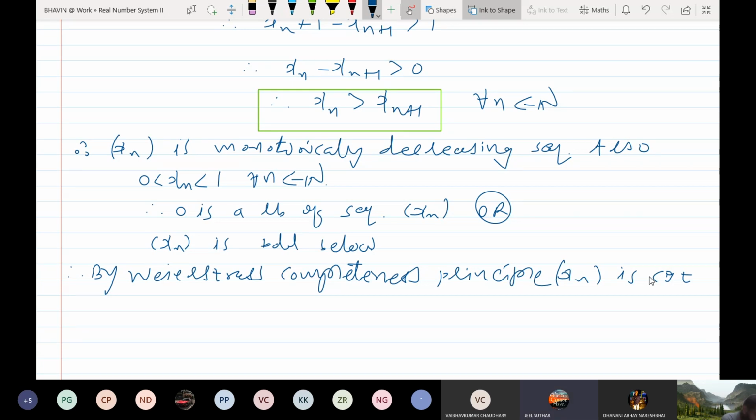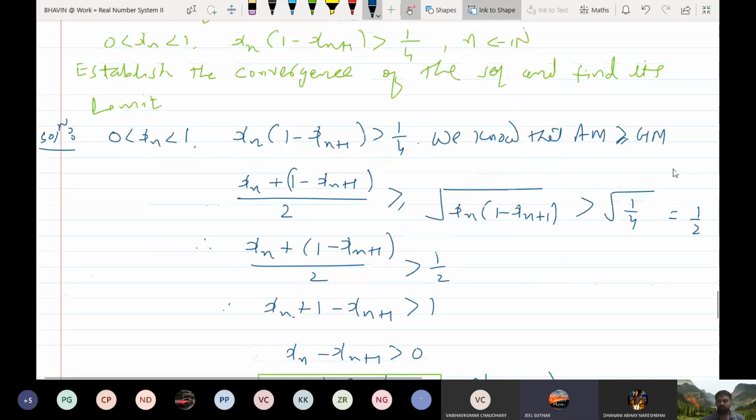So actually this is a very good example. Now let us find out its limit. Find its limit? Yes, find its limit.